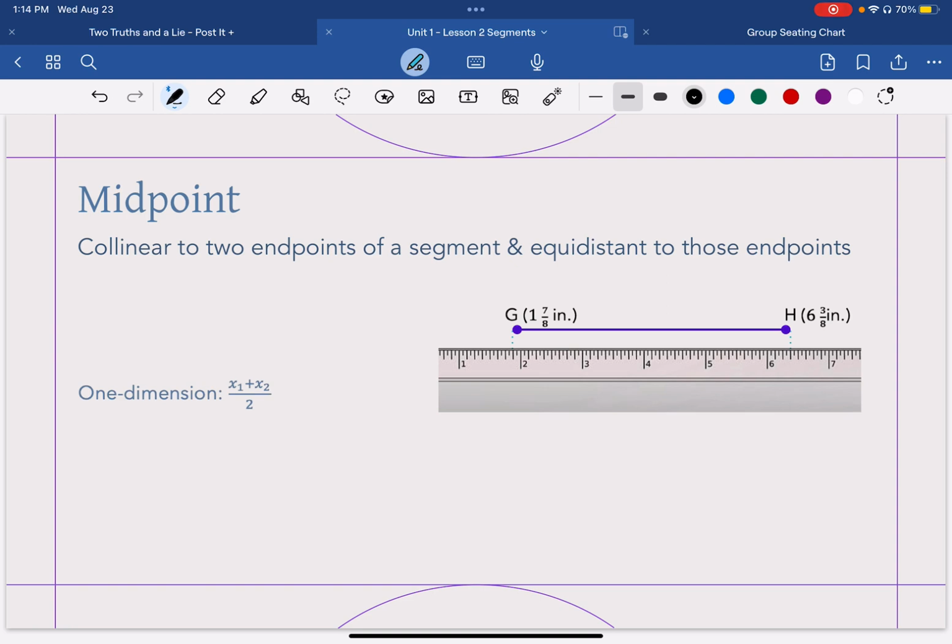we can say, all right, well, G is essentially 15 over 8. H is 51 over 8. And so if we add these two together, 15 over 8 plus 51 over 8, and then we divide it by 2.